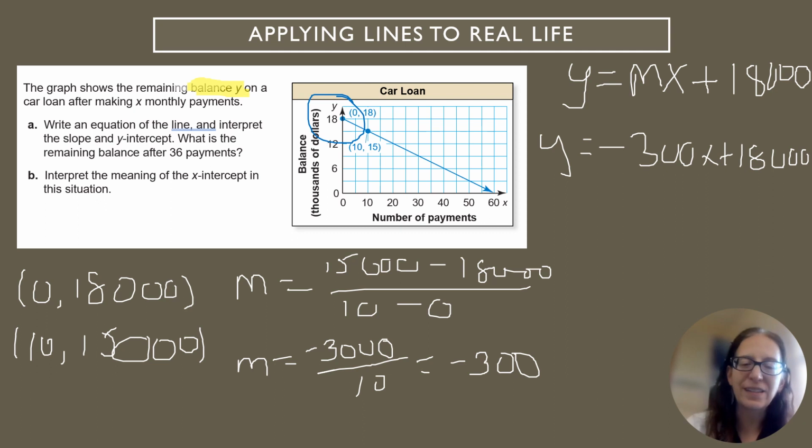Now this is where it gets fun. Interpret. So we want to interpret the different numbers. What do they mean in the context of this problem? So for example, what does the slope mean? What does the negative 300 mean? If you're doing this at home and you weren't in class to do it, pause the video and think about it and make a little note in the margin of your notes or on the bottom of your worksheet. Just write down what you think it might be.